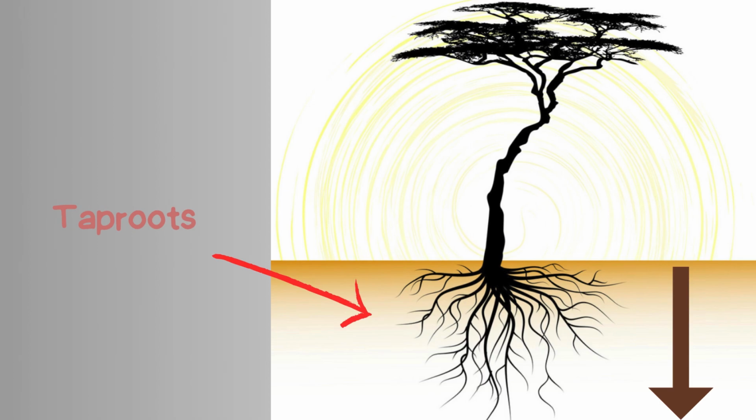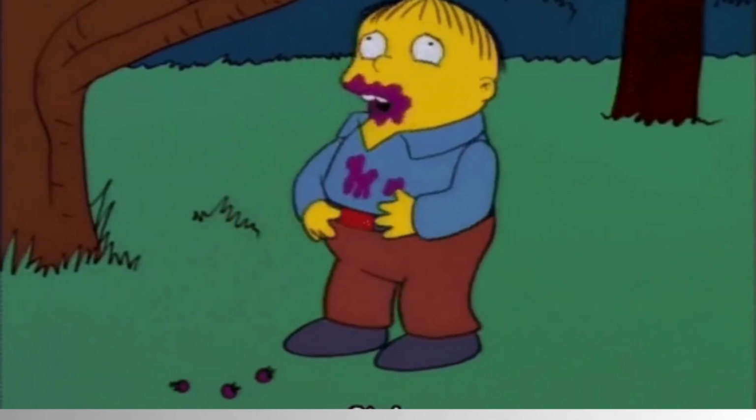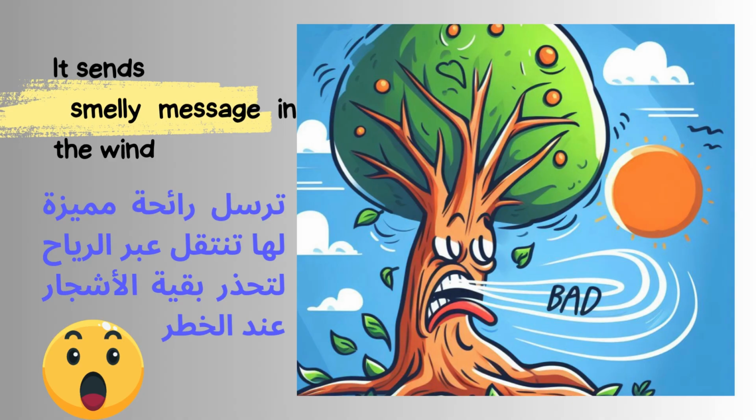And the scary fact about the acacia tree is that it produces poison when an animal begins to eat its leaves. Poison? You mean that the acacia tree kills animals? After a while, we will see. Okay. Also, we have a strange fact about the acacia tree, that it sends smelly messages in the wind.